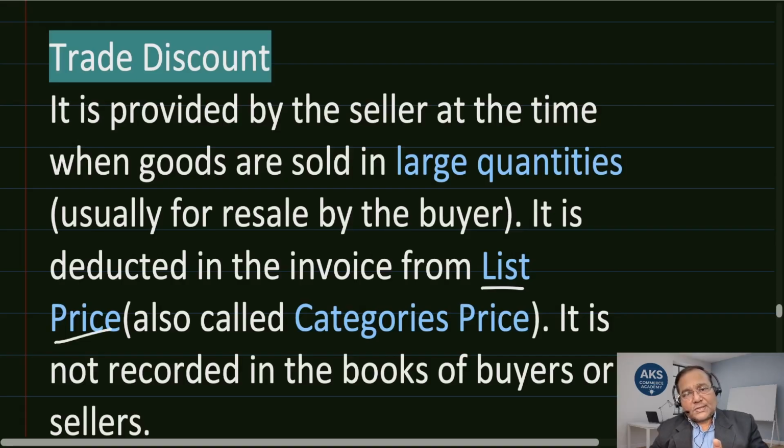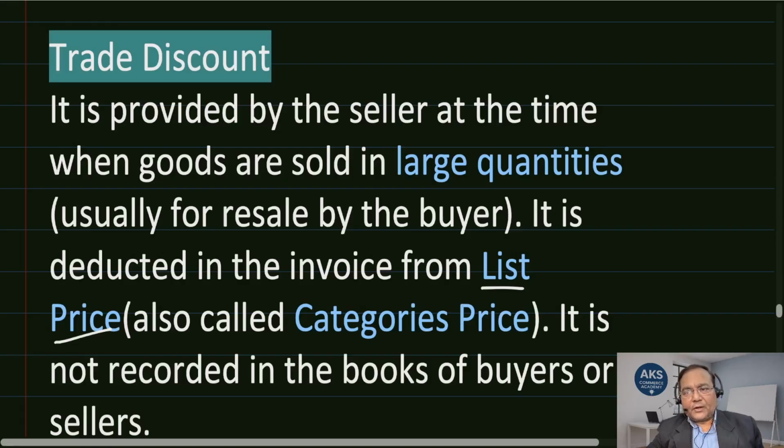Now usually trade discount is given by the wholesaler to the retailer, who furthermore sells it to the end user. So when the purchase is done by the wholesaler from the manufacturer, it suggests the list price for this particular goods.